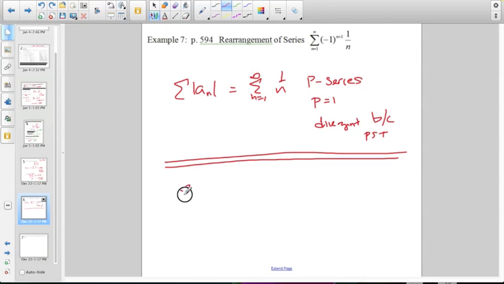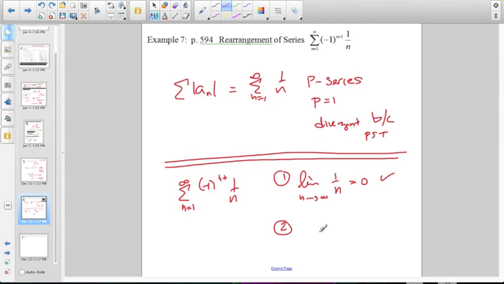Okay, so we do have to do another test. Now it is all up to the alternating series test to see if we can get any convergence whatsoever. So we're going to go ahead and set up our alternating series criteria. We're going to take the limit as n goes to infinity of 1 over n, and putting infinity there, we get 0.